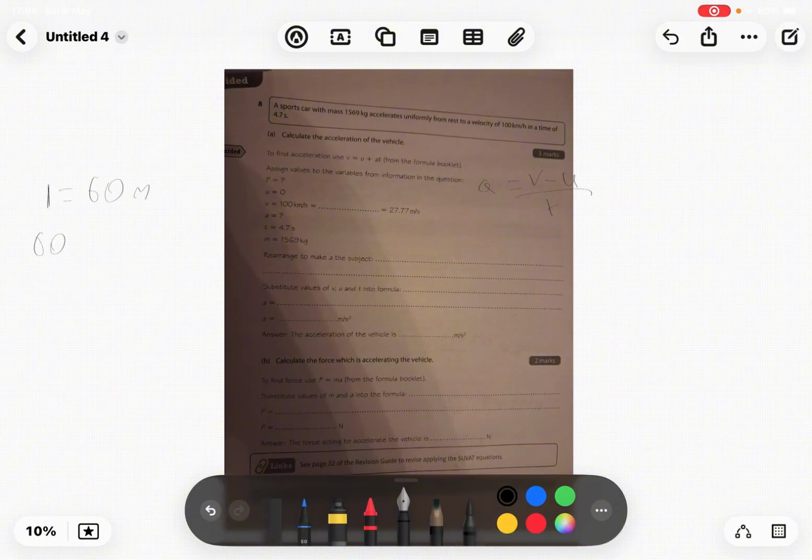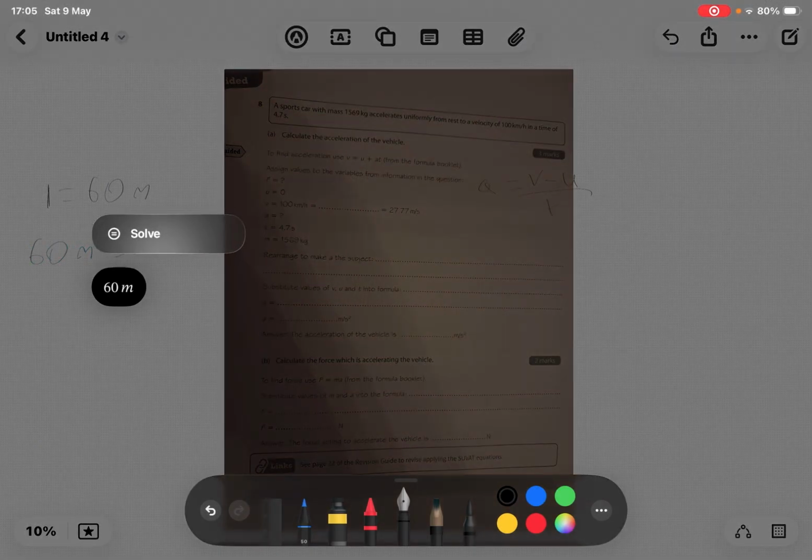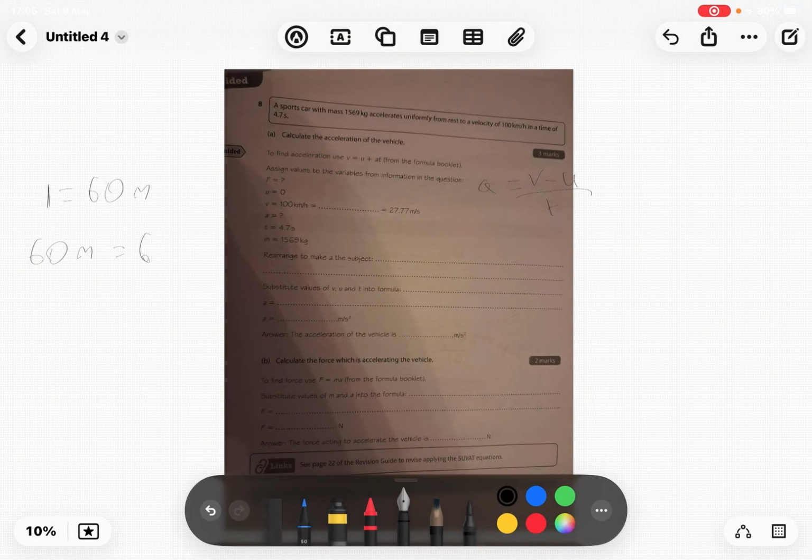In 60 minutes there are 3,600 seconds. So 60 minutes equals 3,600 seconds.